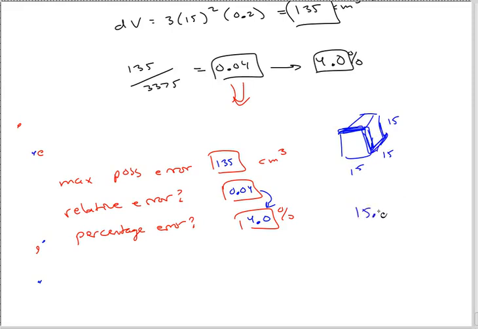I could have 15.2 times 15.2 times 15.2. I'm just curious, what is that number? And I've got 3511.808. Okay, interesting.